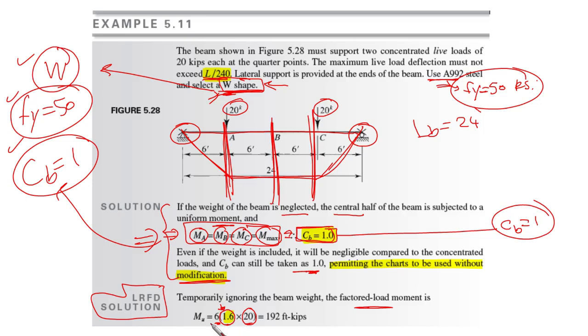We have 6 feet, which means we are talking about the moment here. 20 times 1.6 is the factored reaction here, and 6 is the distance from the support to this point, which gives us the maximum moment. So we are talking about 192 foot-kips.